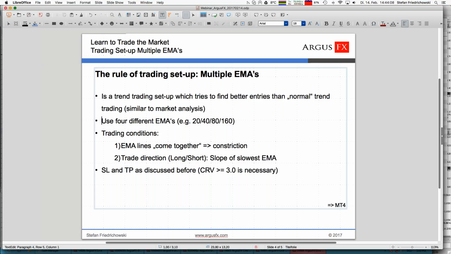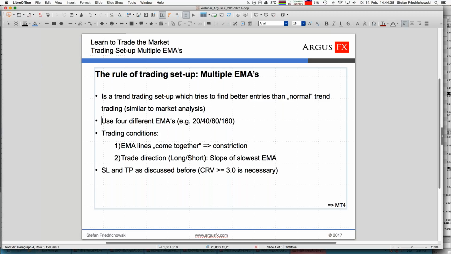In this case, you need a triple R of better than 3, because we don't have that good a win rate, which is far below 50% with that trading setup, and therefore we need more take profit than the stop loss distance.